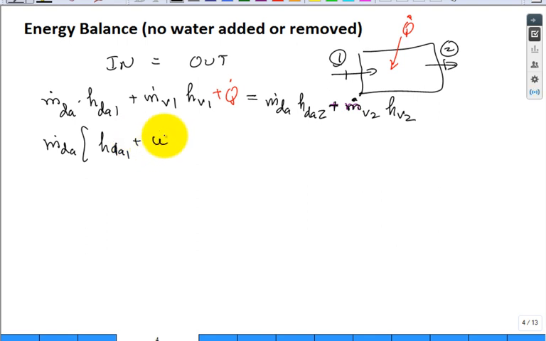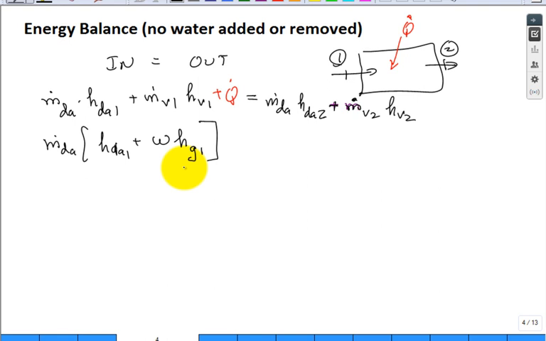Okay, I could replace it with the mass flow rate of dry air times the enthalpy of dry air 1 plus omega times the enthalpy of the vapor at 1. Here we put H of G at 1. What do you mean by H of G? Remember in Thermo 1 we had that subscript G for saturated vapor. And in the book there's a little discussion that says the vapor's enthalpy is essentially the saturated vapor enthalpy at that dry bulb temperature.